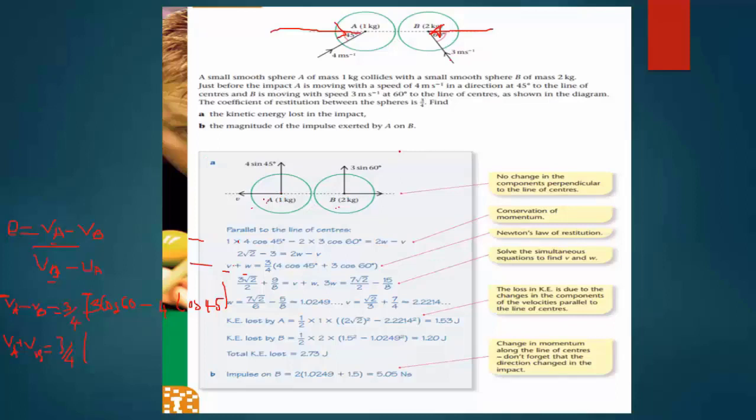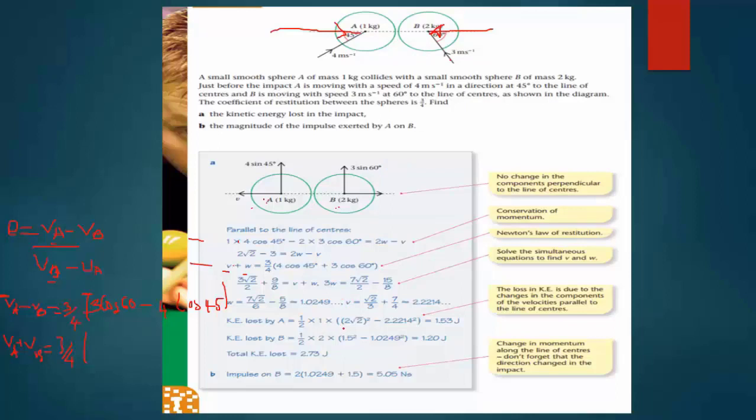That's the only place ambapo tunaweza tukapata kinetic energy ambayo iko sahihi. Kwa tukipata hapa tungeweza kutafuta resultant, tukatumia na hizi resultant tukatafuta kinetic energy change.